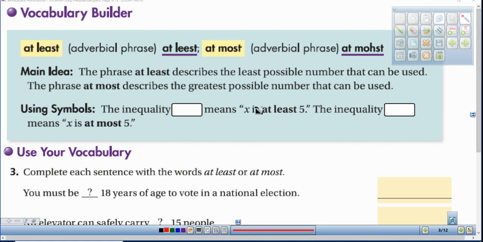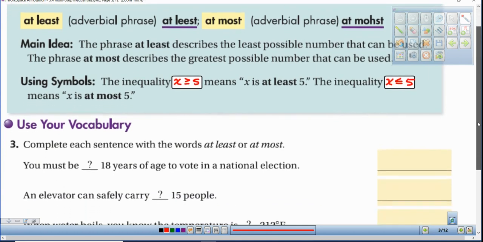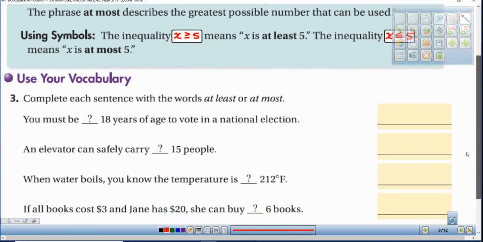So if the phrase was x is at least 5, that means x would have to be greater than or equal to 5, meaning the bottom that it could be was 5. Couldn't be any lower than 5, but it can be greater than that or equal to that. And then the inequality for x is at most 5 would be x is less than or equal to 5, keeping it from going above 5.